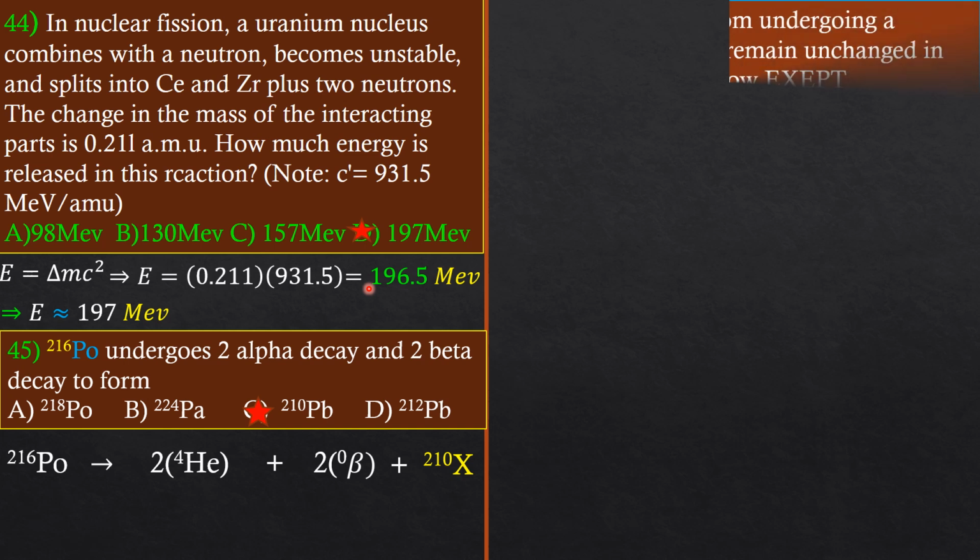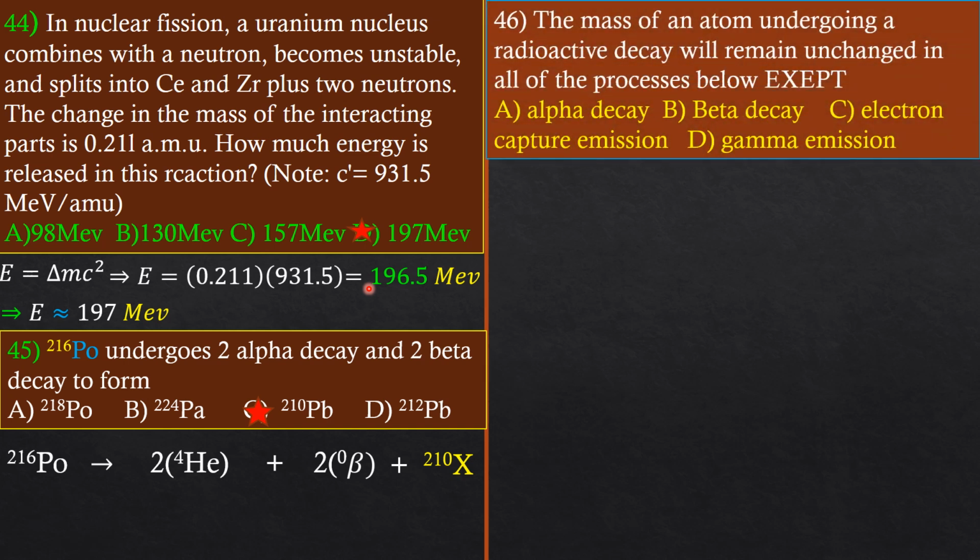Question 46 reads that the mass of an atom undergoing a radioactive decay will remain unchanged in all of the following processes except. If you look at it so well, you see that the right answer here has to be option A, because if it emits an alpha particle, the mass number is going to decrease by 4, since the alpha particle is a helium nuclide.